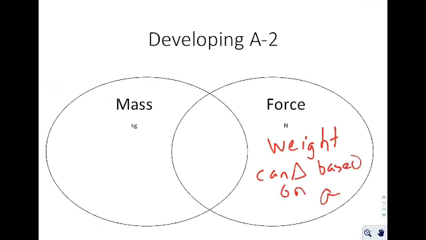Force can change based on an acceleration, whereas mass is a constant. Now they are related to one another. Generally speaking, as mass goes up, force goes up. So they're tied together. There's a direct relationship between the two, but they're definitely different and they shouldn't be used interchangeably.